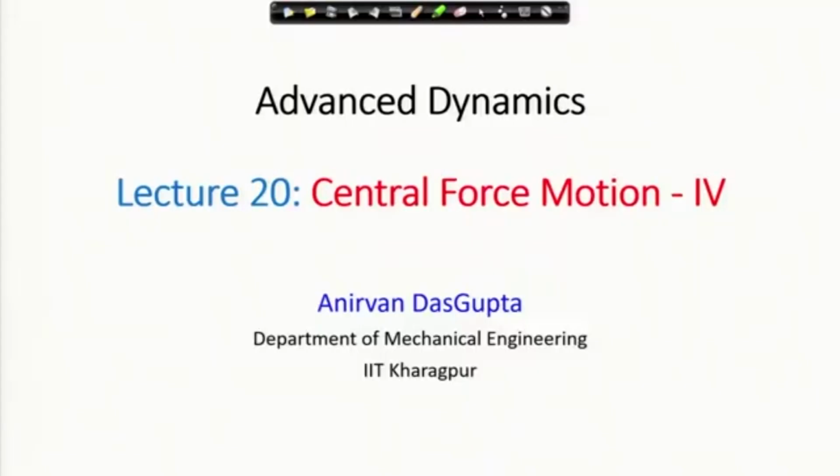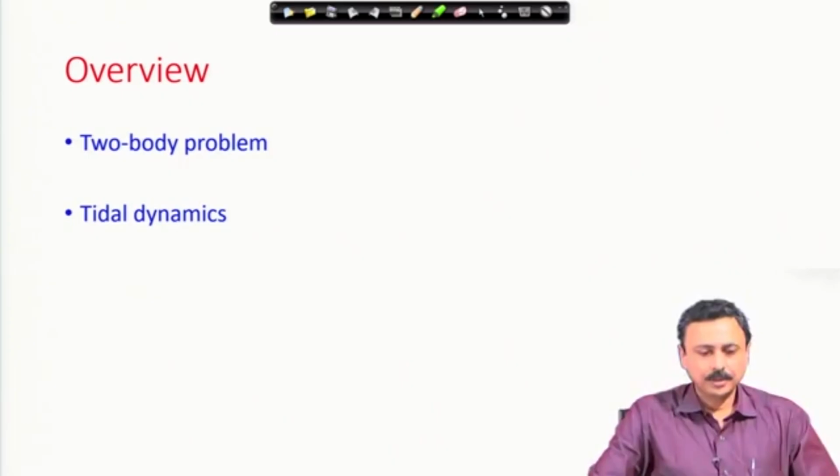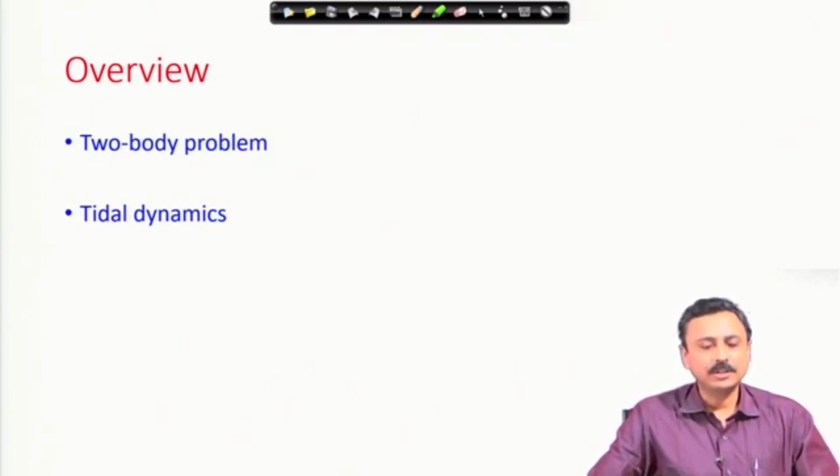Hello, we will continue our discussion on central force motion in this lecture, and we are going to now look at the two body problem. Till now what we were discussing was the motion of a single point mass about a central gravitating mass which is essentially fixed.